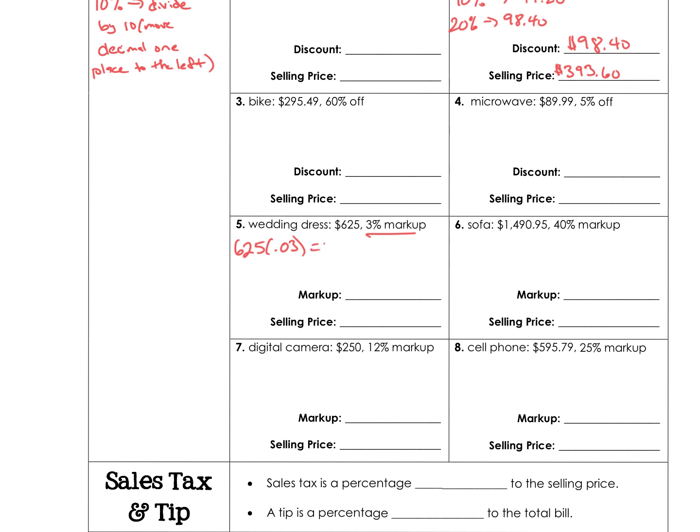In this particular problem, the markup on the wedding dress is only $18.75. Because it's a markup, we then take 625 plus 18.75 to get the selling price, which ends up being $643.75.